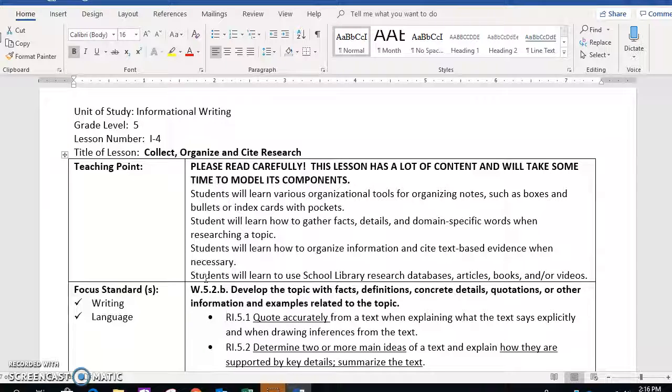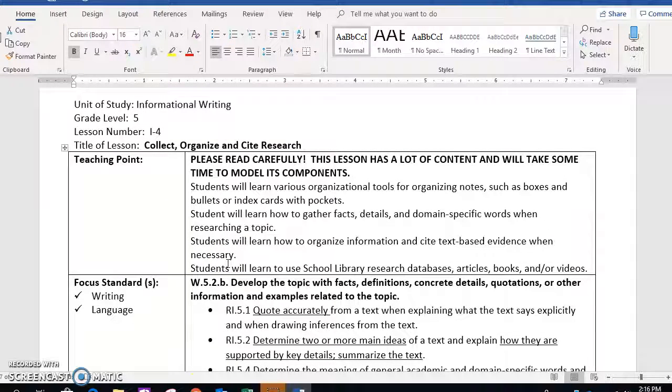So I would recommend not allowing students to have any more than 3 sources through this process, just to help with managerial pieces.